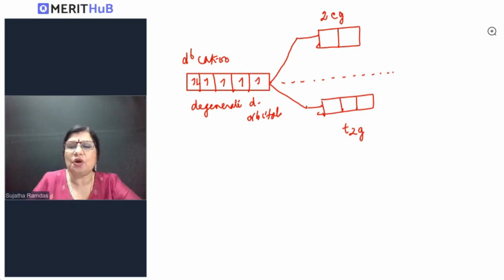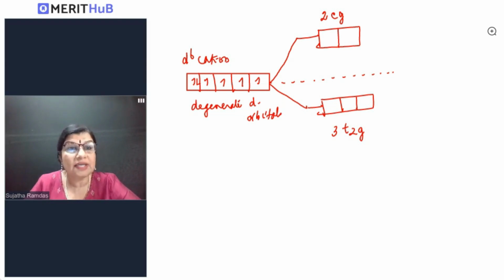So 2 eg orbitals and 3 t2g orbitals. The 3 t2g orbitals are dxy, dxz, and dyz. And here, dx square minus y square and dz square. So that's about the splitting of the d orbitals.